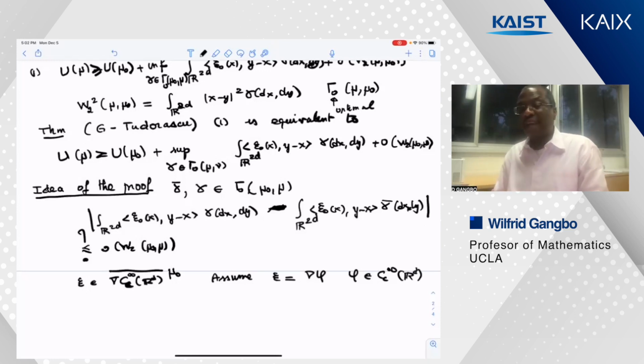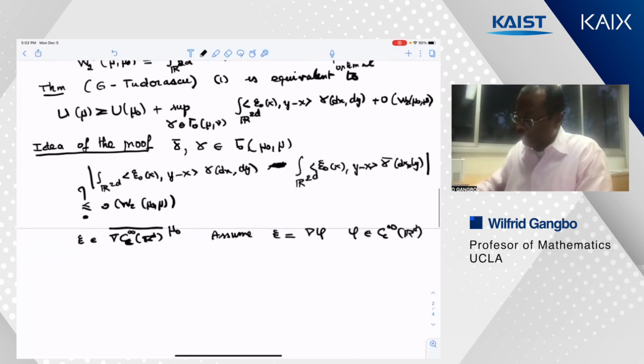And once I know how to prove the result in that case, by an approximation argument I can extend the result to the general case.